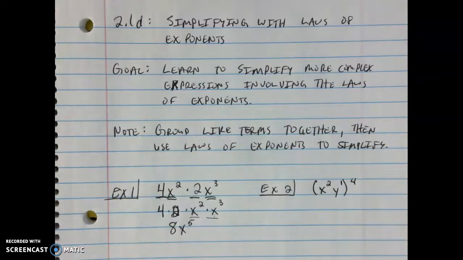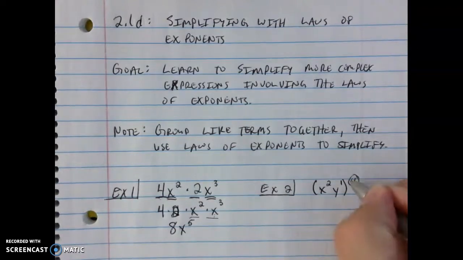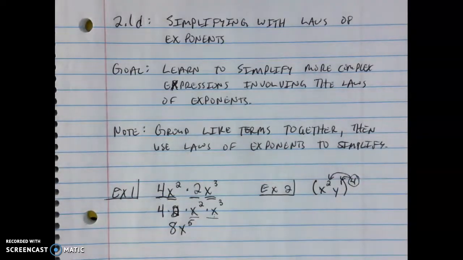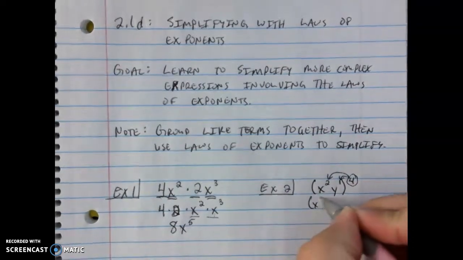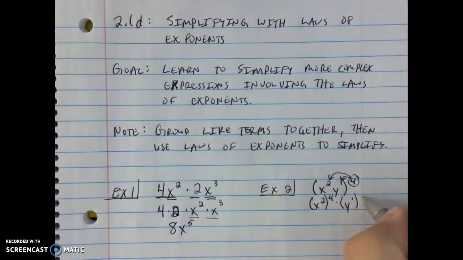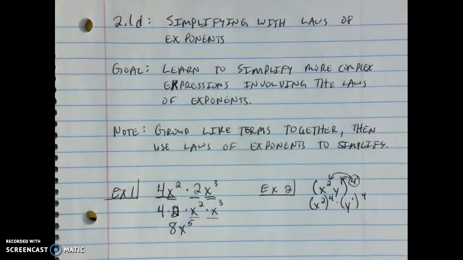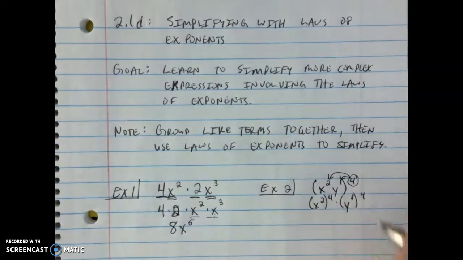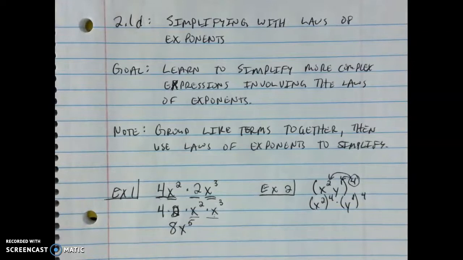Now, we have to remember that this exponent here gets applied to both of our terms inside the parentheses. So we could almost rewrite it as x squared to the 4th times y to the 1st to the 4th. Now, I wouldn't expect you to always show that line of work, but you can if you want to.